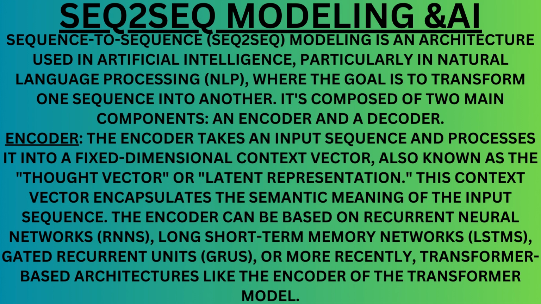The encoder can be based on recurrent neural networks (RNNs), long short-term memory networks (LSTMs), gated recurrent units (GRUs), or more recently, transformer-based architectures like the encoder of the transformer model.